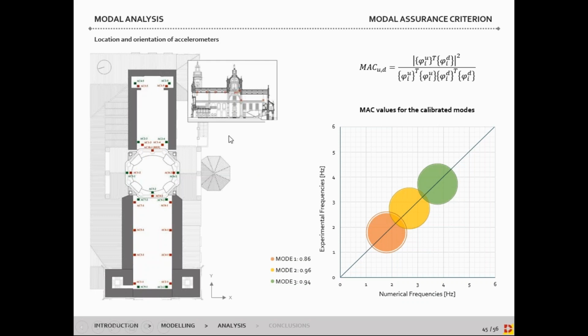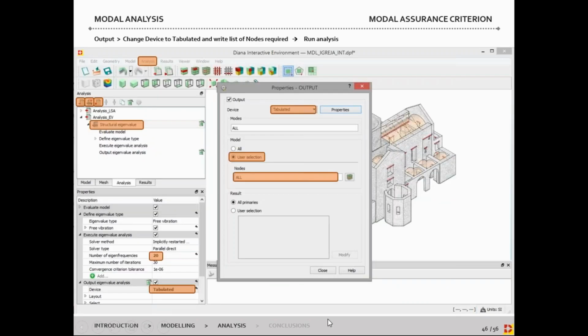So we first have to check which nodes we want to extract information from, and then rerun the eigenvalue analysis, but this time with the tabulated output and the nodes that we want. It will generate a table that we can read, and then we can check the MAC values for the mode shapes.